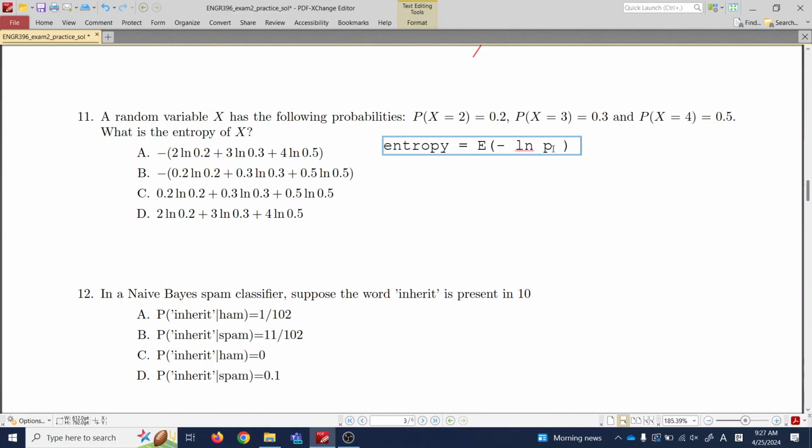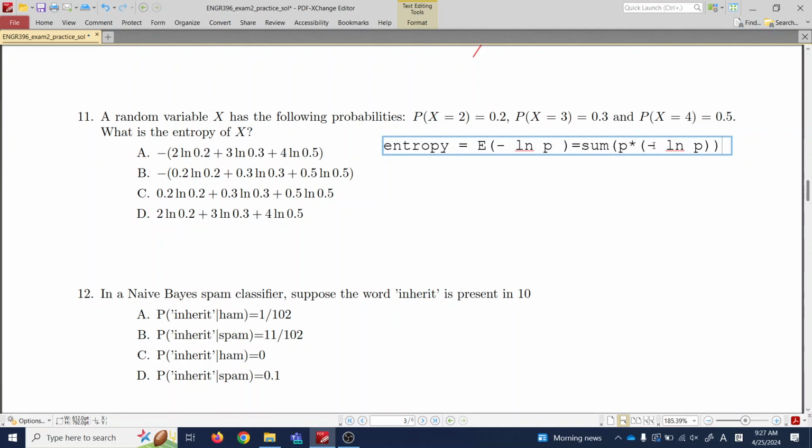But how do you find the expectation value? The expectation value is the sum of probability times whatever thing you're trying to find the expectation of. So which one follows this?